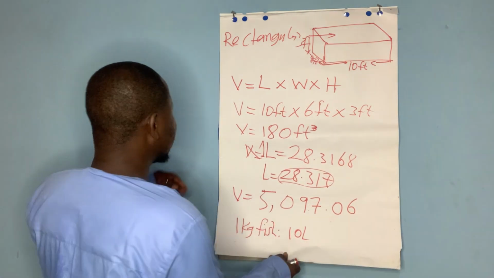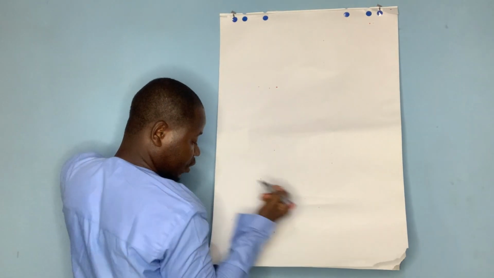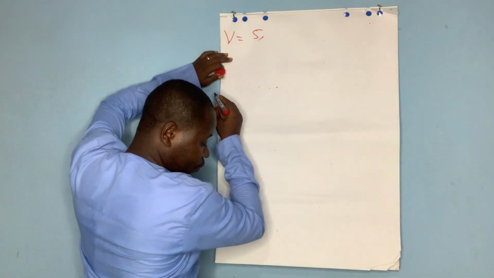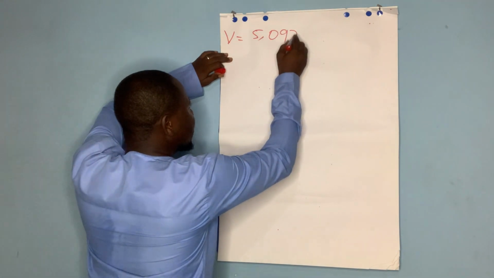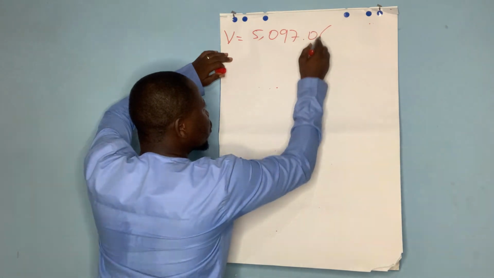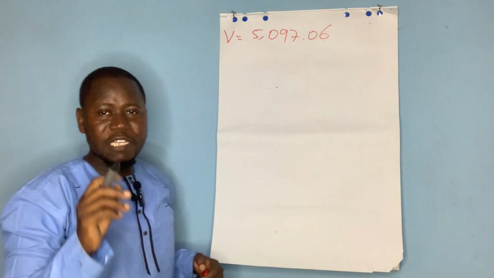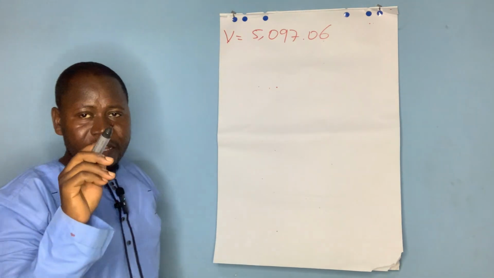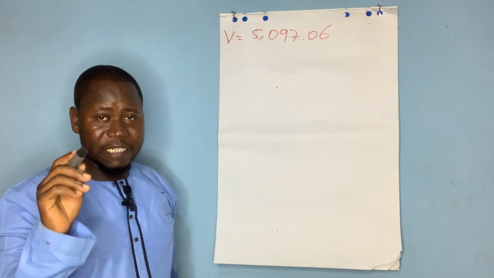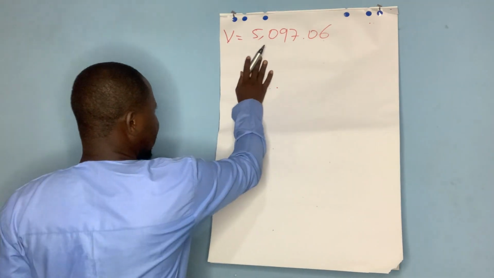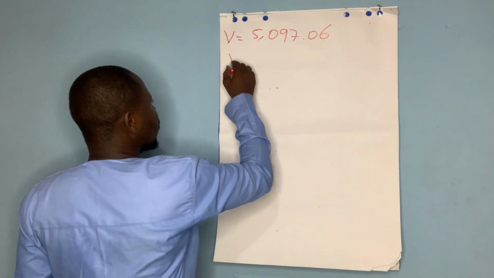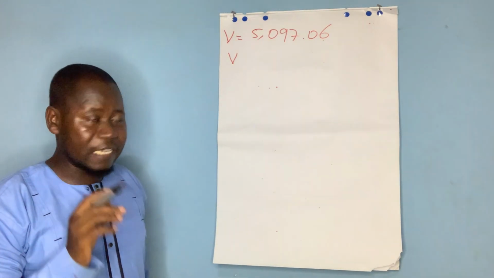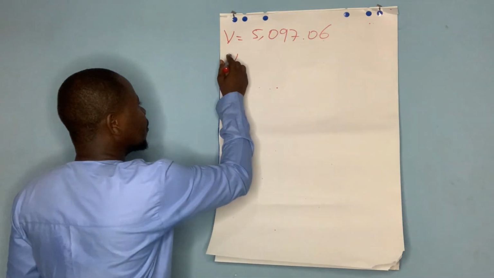Now, having done that, since our volume in rectangular is 5,097.06, and to raise 1 kg of fish we need 1 fish to 10 liters, we will now say our stocking density.